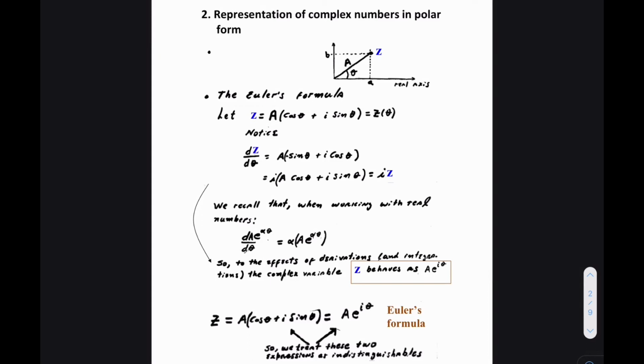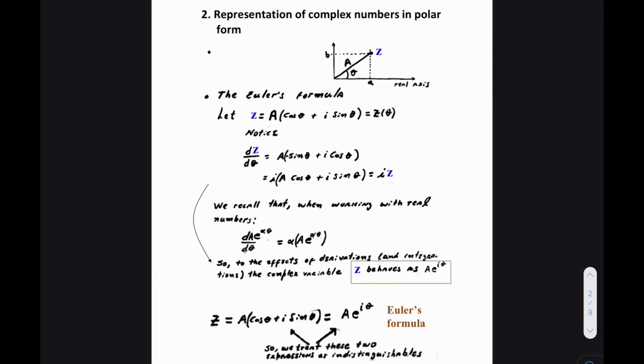Of course, you can prove Euler's formula by using different methods. You can also Taylor expand this e to the power i theta and see this is actually true. But let us take a different view of this form of the complex number. Let's differentiate z with respect to theta, and if you work this out, you will see that it is simply i times z.